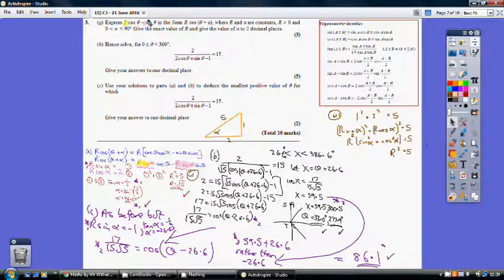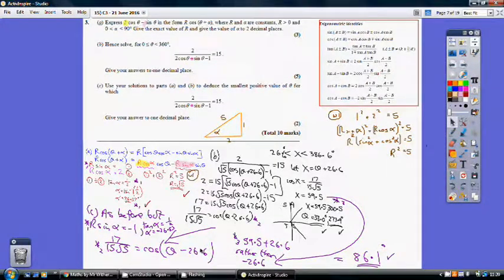Now for part C, the only difference is this change of sign here. So it's the change of sign up here. So rather than r sin alpha equaling 1, r sin alpha is now going to equal minus 1. That has a knock-on effect of tan alpha being minus a half and alpha being minus 26.57 degrees.